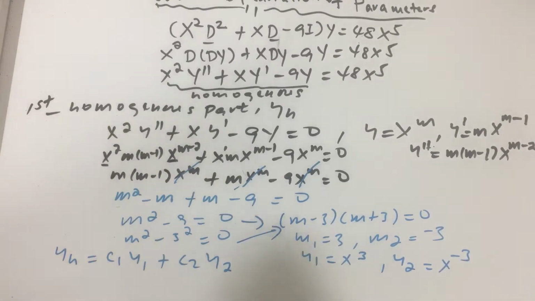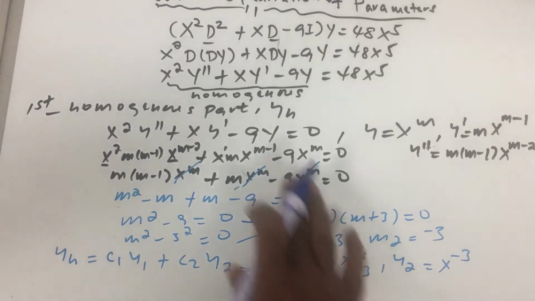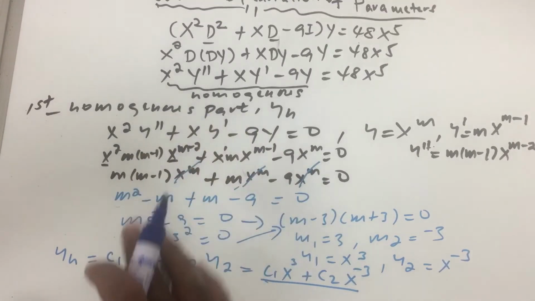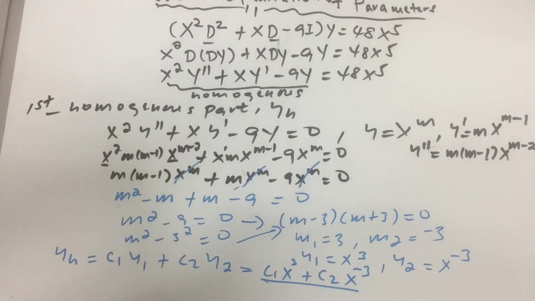So our solution becomes c1 x to the power of 3 plus c2 x to the power of minus 3. This is the general homogeneous solution for the homogeneous part of the Euler-Cauchy equation of this problem.